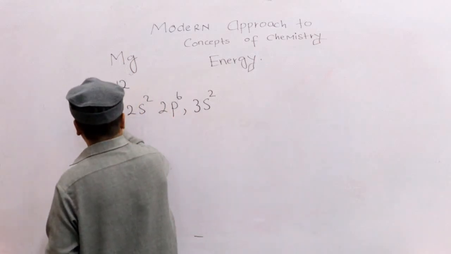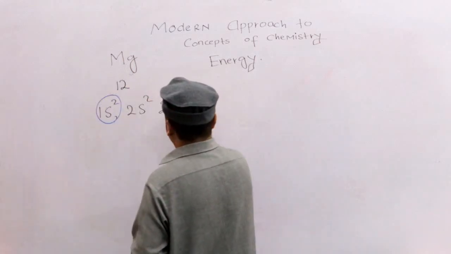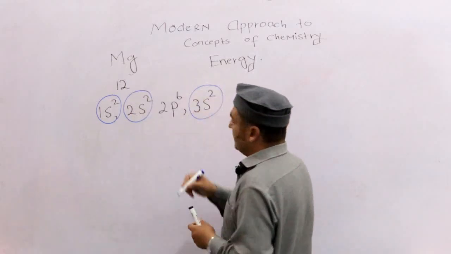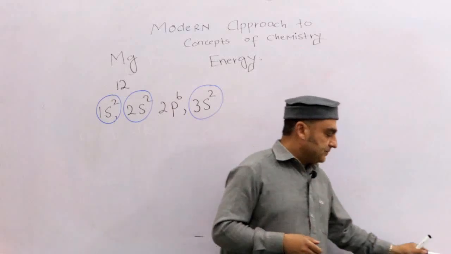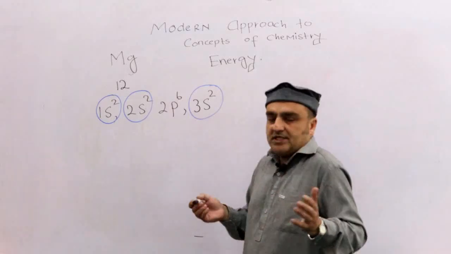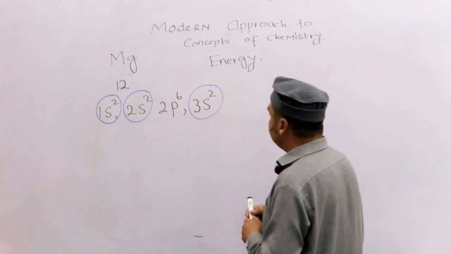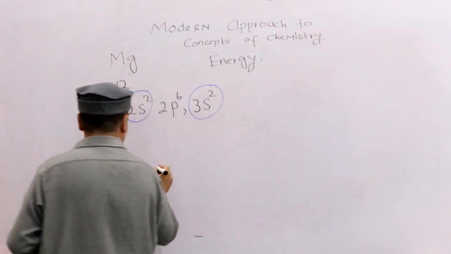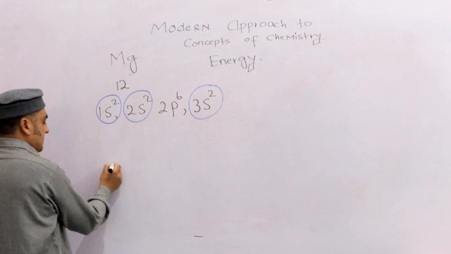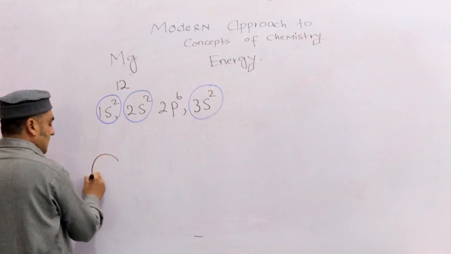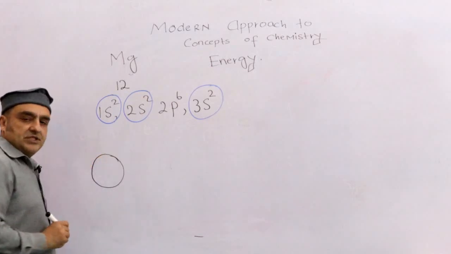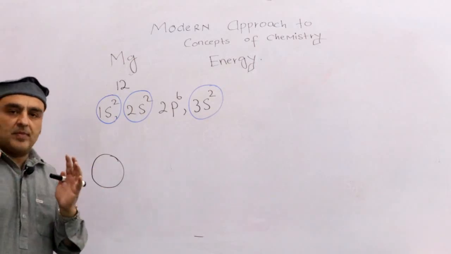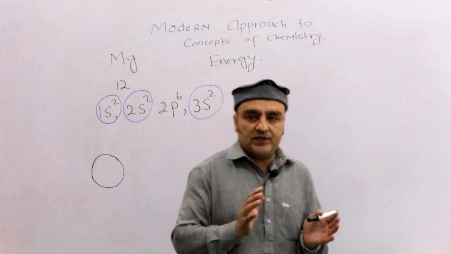Let us pick the 1s orbital, the 2s orbital and the 3s orbital from this magnesium. So it has a purpose and you will understand it. Okay. Now as you know, suppose this is the 1s orbital of magnesium, and the s orbital is just above the nucleus.